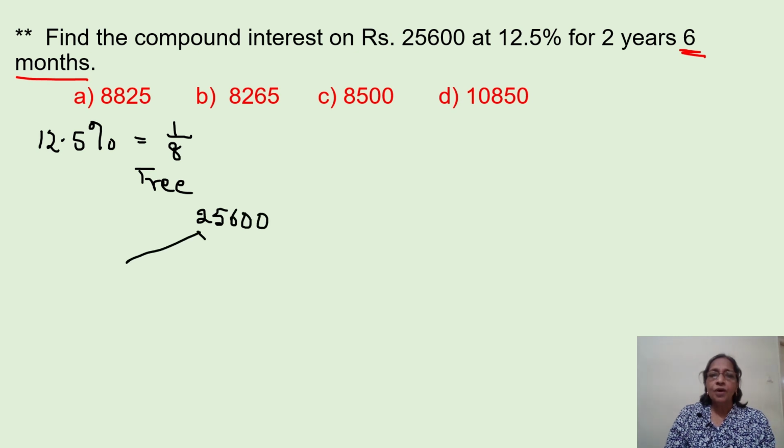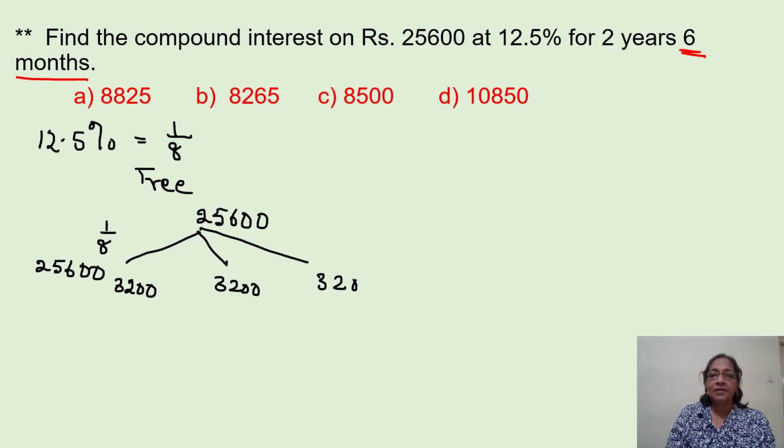Now, as I told you, I'm going to take it for 3 years. So 1/8 of 25600 is 8 3s are 24. So first year, second year and third year. Then again this would be 1/8.